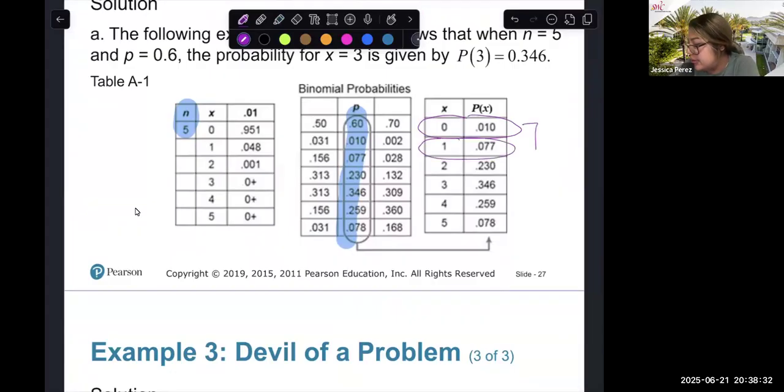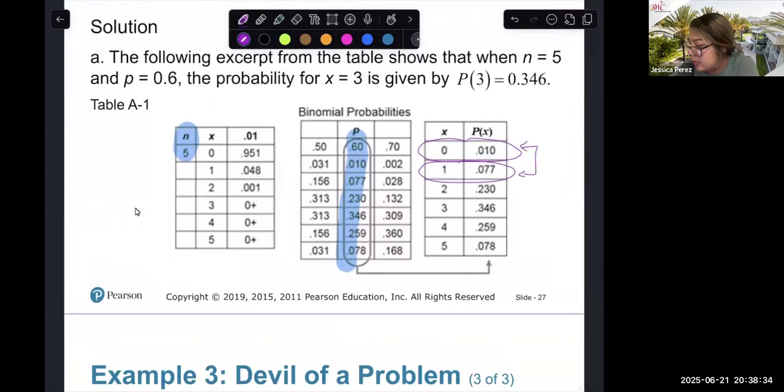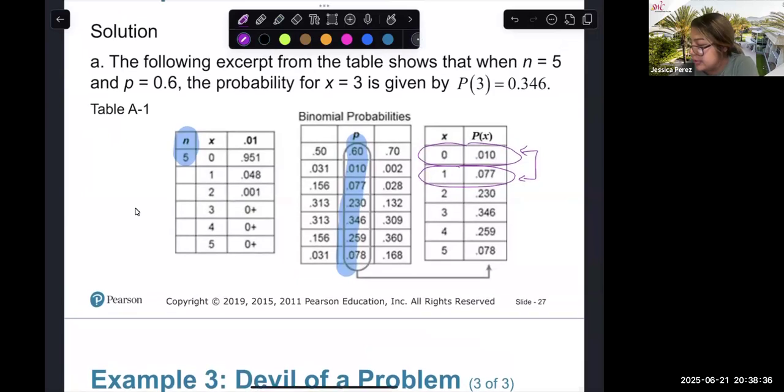Well, we can take these 2 numbers, right? The first one was easy because the probability when the number of successes is 3 is 0.346, just by looking at the table. By looking at the table, if I wanted to find what P of 4 is, the probability of being 4 would be 0.259 of those believing in the devil.